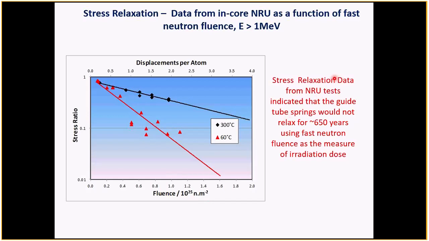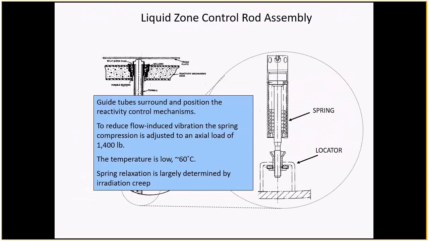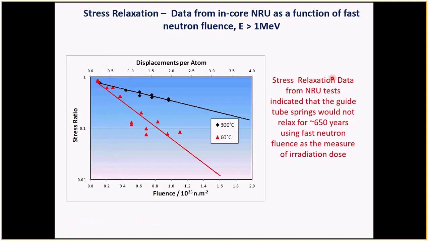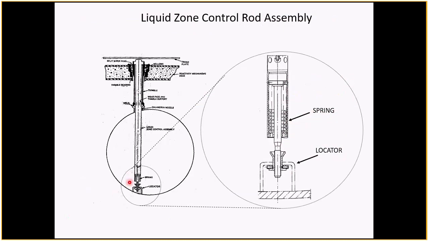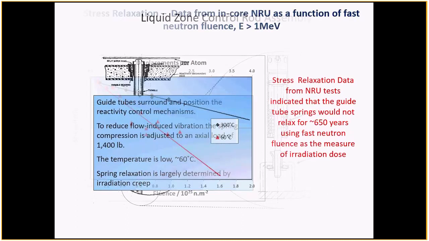So they look at the spectrum at the location of this flux detector here. We're right at the edge of the core of the reactor. Actually, the fast neutron dose here is very low.